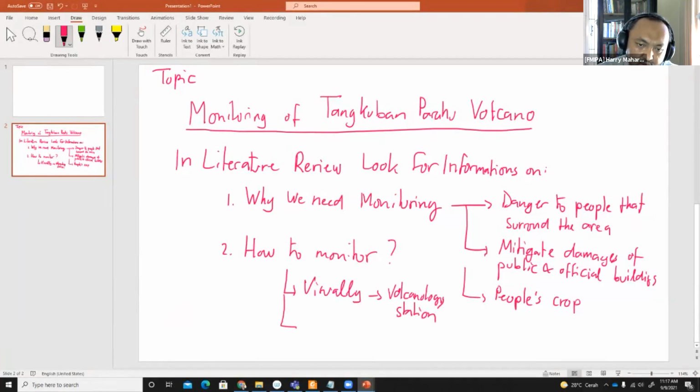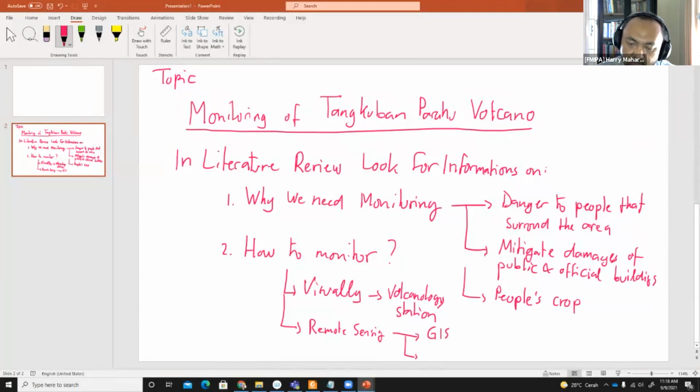Or we can do monitoring using remote sensing. Okay, remote sensing can be done using GIS.